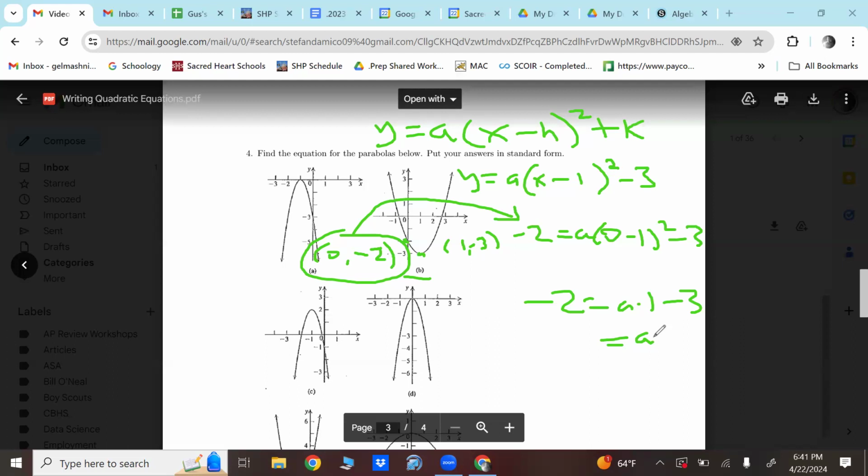1 minus 4, so -3. Wait, hold on. Oh, we're going the other way.